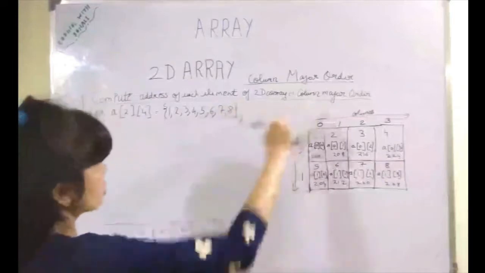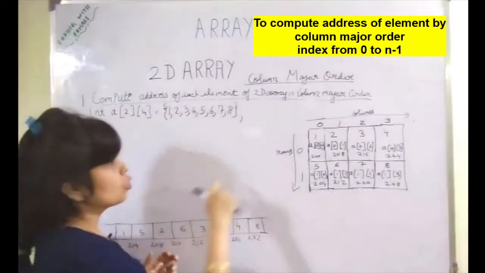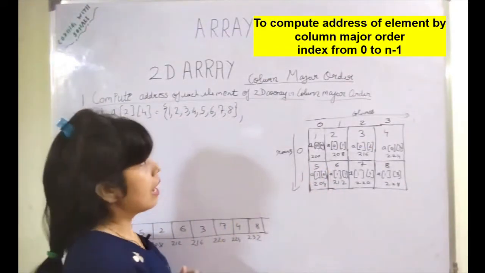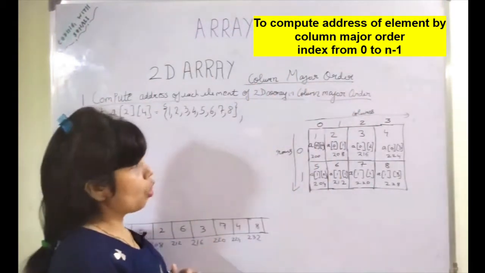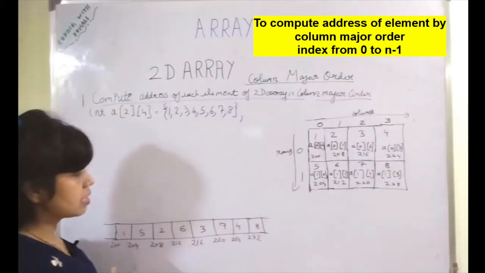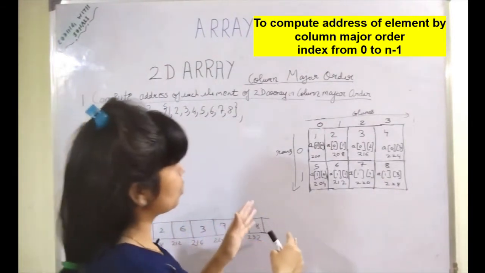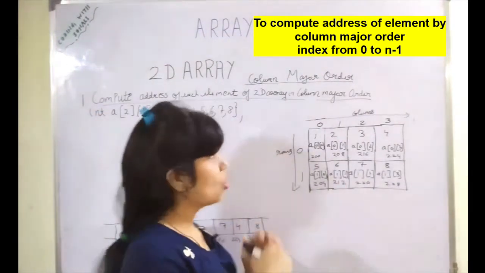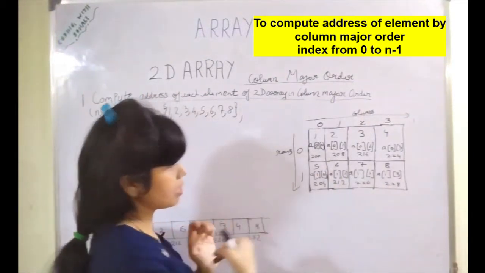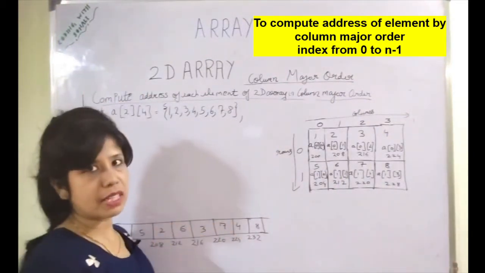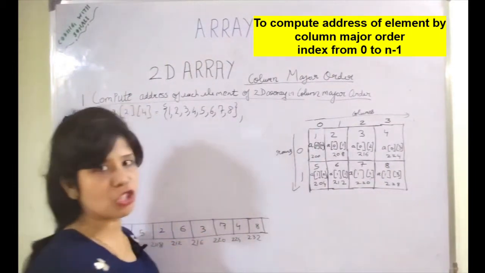Now we will be deriving the formula to calculate the address of the element using the column major order form. So how is this represented in the memory? As I told you, this is a logical representation of the 2D array. The matrix is not present in this form in the physical memory, it is present in one dimensional form.